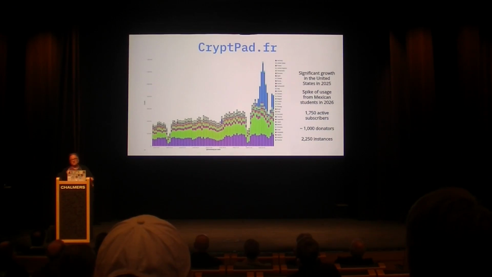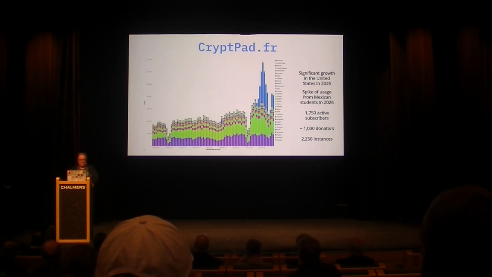Since the beginning of the year, we had another spike in the US. This is the green data. And we had a particular spike where initially we thought we were being DDoSed at CryptPad FR, which actually were Mexican students, as we realized that we were included in the teaching program of the Mexican state.